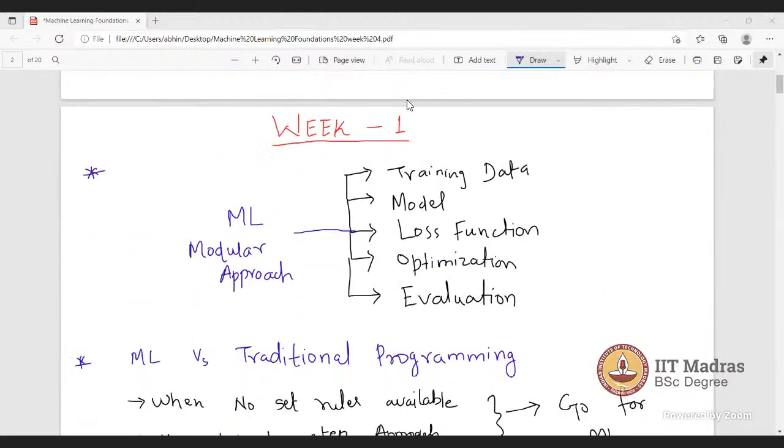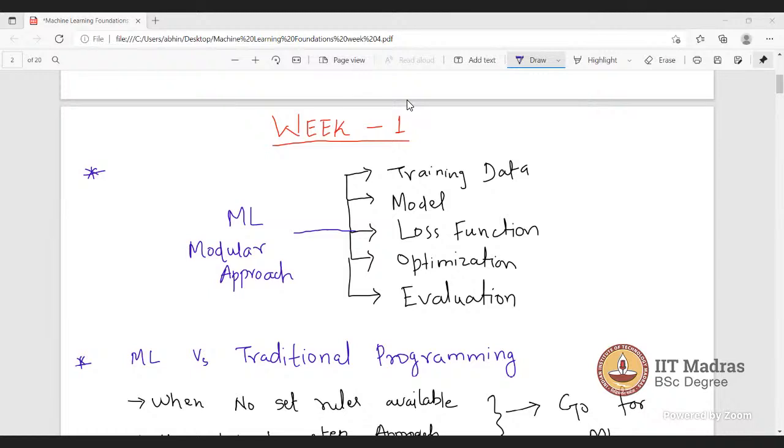Should we take it now or should I wait? Yeah, you can go ahead. So when there are no set rules, at that time machine learning will help. That part is clear. But there are also some applications. This is what confused me in one of the activity questions in the first week. Even when there are set rules, you can still train machines, right? Yes, it's not that definitely, you can train a computer to play chess with machine learning.